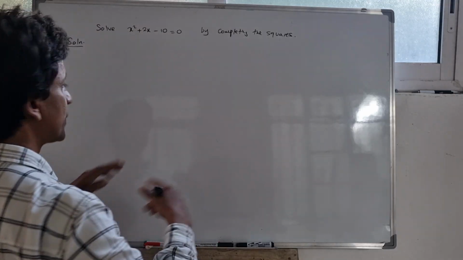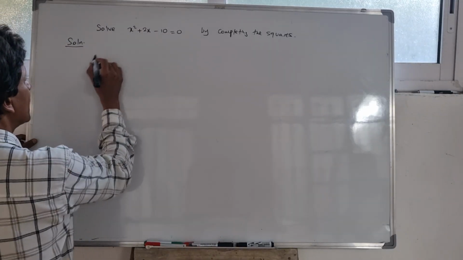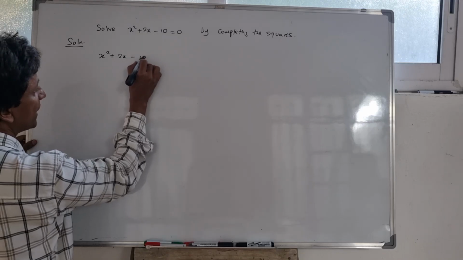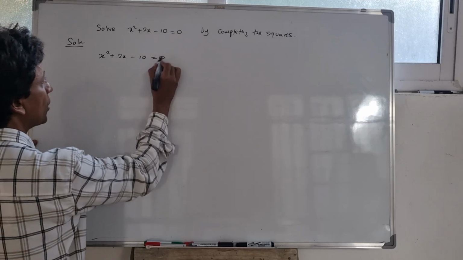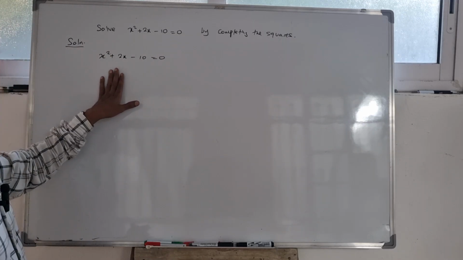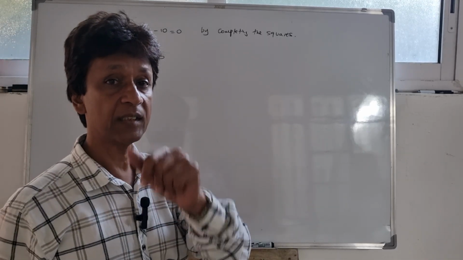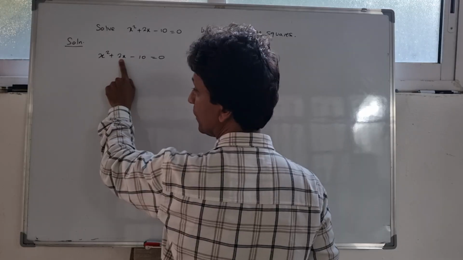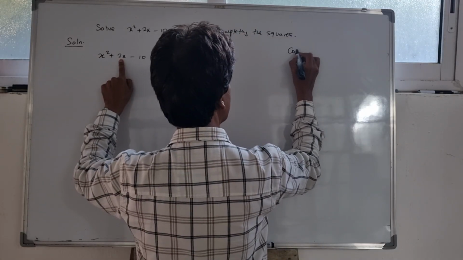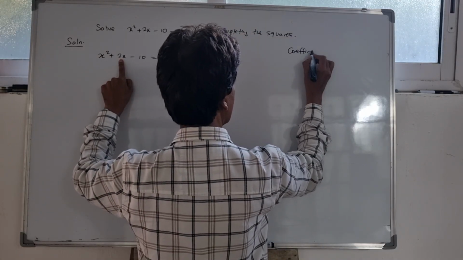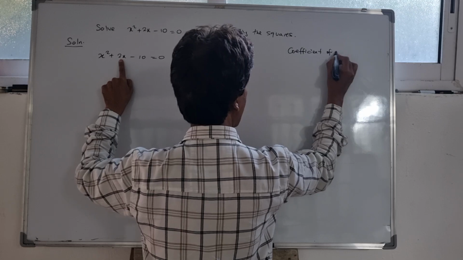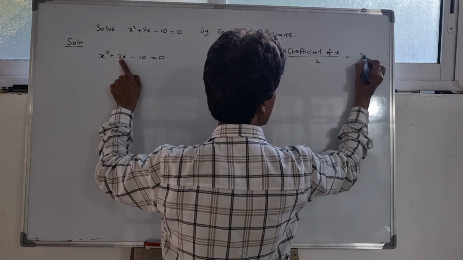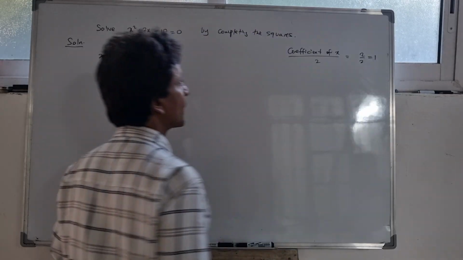This is the way we do this. You're going to take x squared plus 2x minus 10 is equal to 0. When you look at this equation, the first thing you look at is the coefficient of x. The coefficient of x is 2 here. So you take this coefficient of x and divide by 2, so 2 divided by 2 is equal to 1.